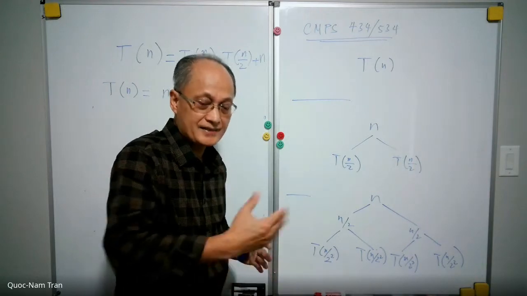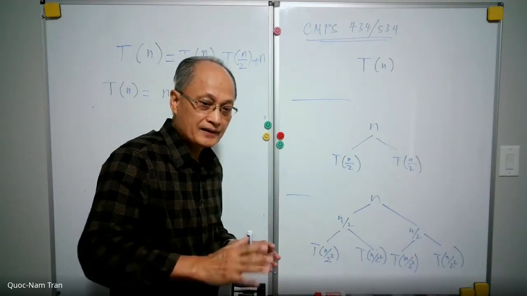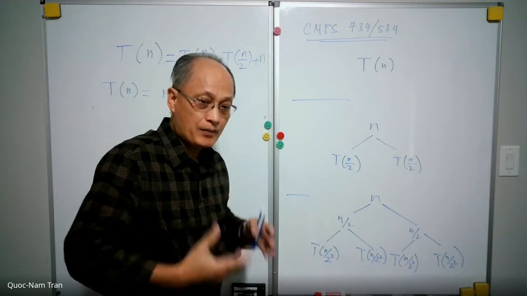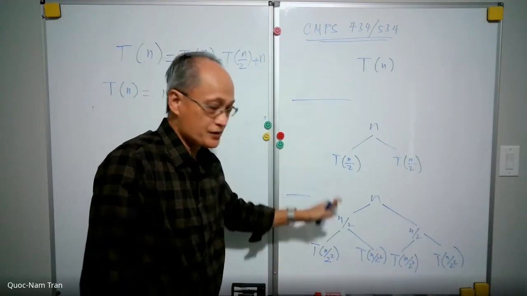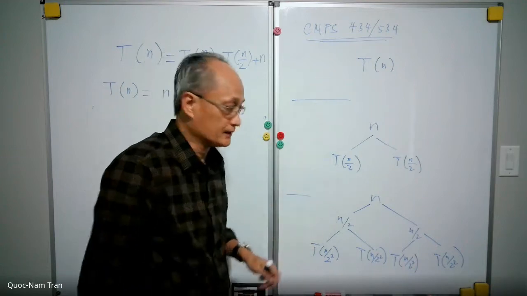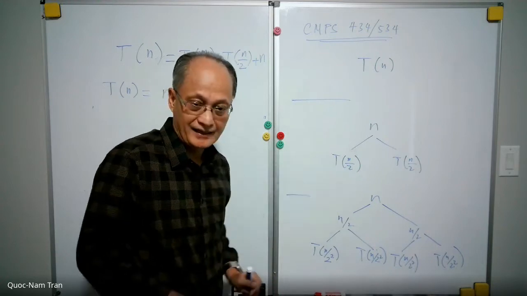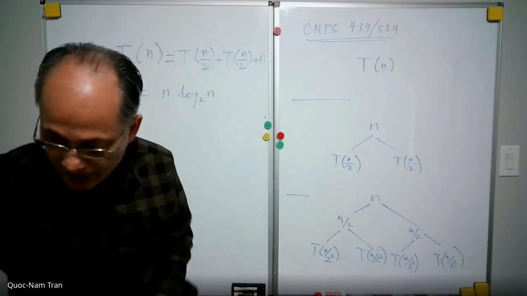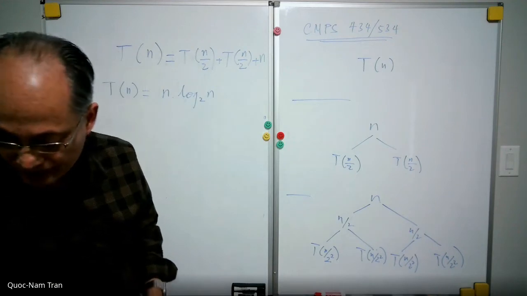That's why next time I will show you a few other methods that will help us avoid the repetition of drawing the subtree again and again. But let's start with what we have in the textbook.